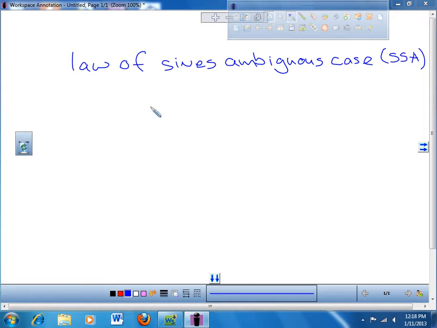So the first case, there are 4 different things that could happen with the law of sines, the ambiguous case. The first one we're going to talk about is the no solution case.